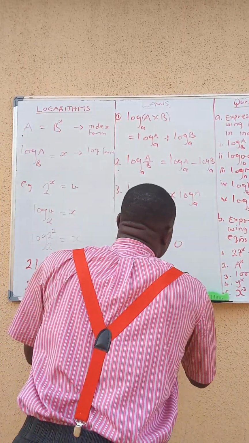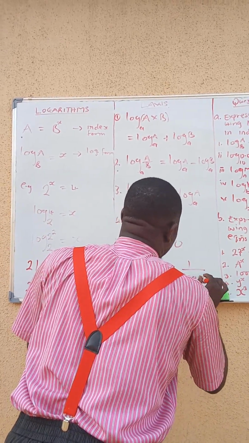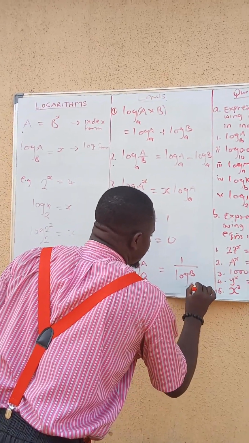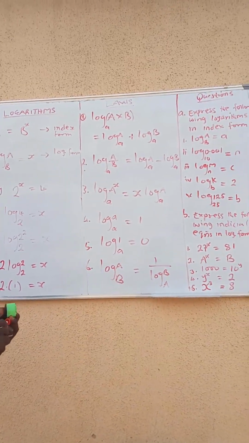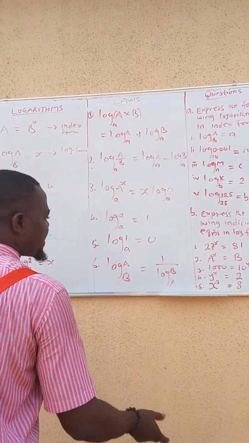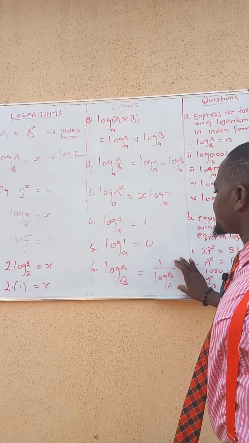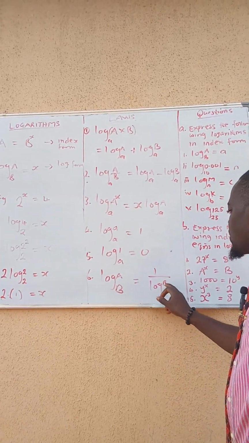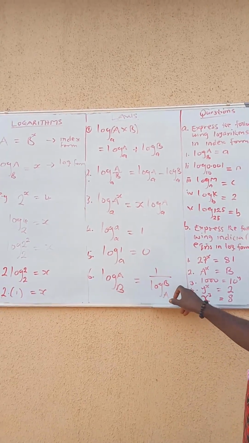This is the same thing as 1 over log B to base A. If you are having a logarithm in this form and you are not comfortable with the base, and you want to change it, this is how you can change it. 1 over the base here becomes the log, and the log here becomes the base. Once you introduce 1 over, take it.